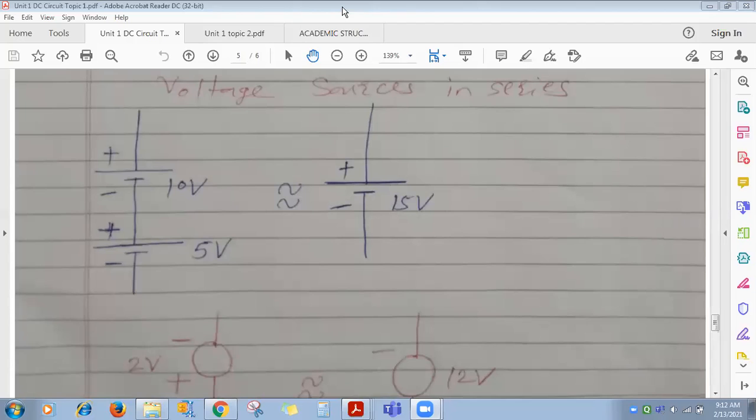Parallel connected resistances, the voltage across each will be the same, and you can find its equivalent resistance by using the formula 1 by R equivalent is equal to 1 by R1 plus 1 by R2 plus 1 by R3 and so on. Now for series connected resistances, R equivalent you can find by simply adding them, R1 plus R2 plus R3, and for series connected resistances the same current flows through them.